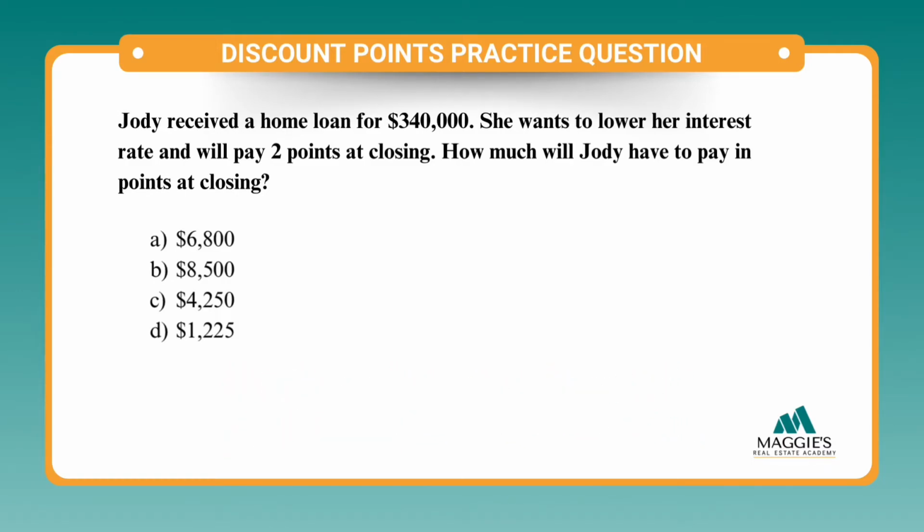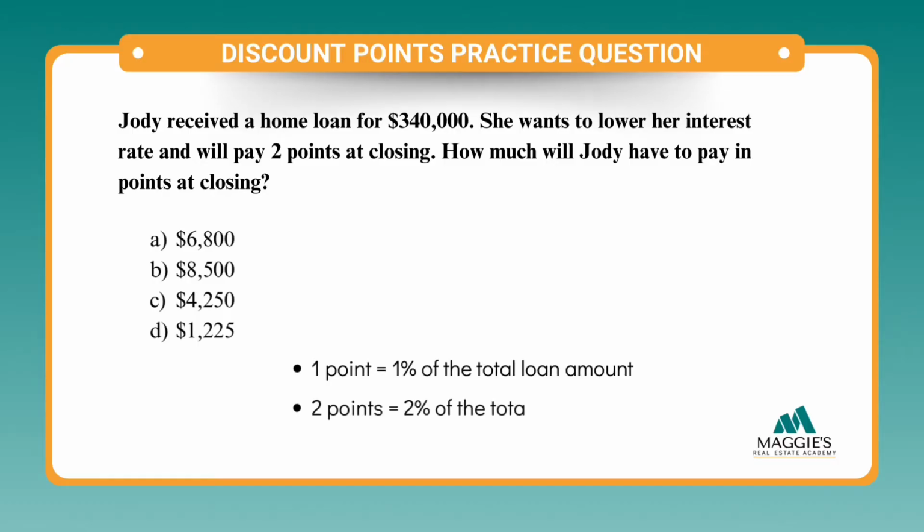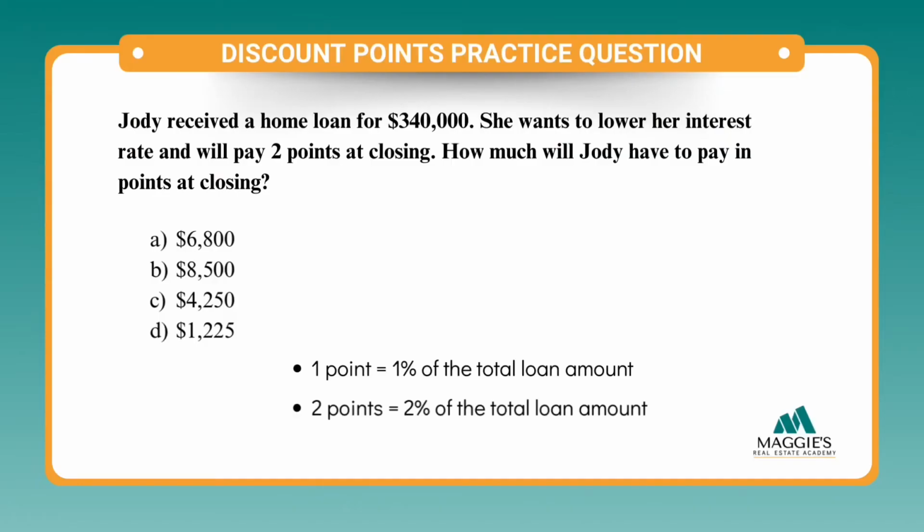Okay, remember, 1 point costs or equals 1% of the total loan amount. So if we have 2 points, then that means 2% of the total loan amount. I'm going to let you in on a little secret here in a little bit. We see the loan amount in this problem is $340,000, and we see that Jody will pay 2 points.